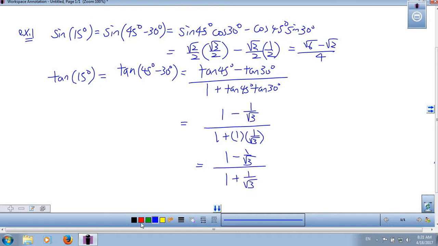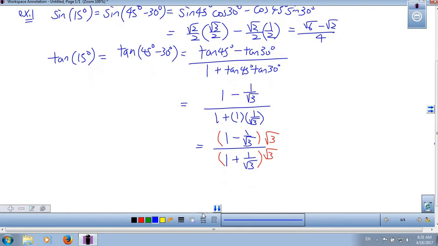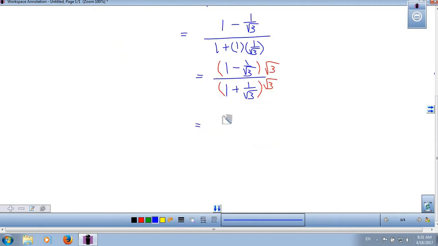To simplify this fraction, we multiply the numerator and denominator by square root 3, so this becomes square root 3 minus 1 divided by square root 3 plus 1.